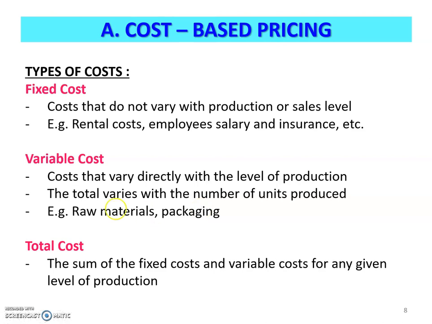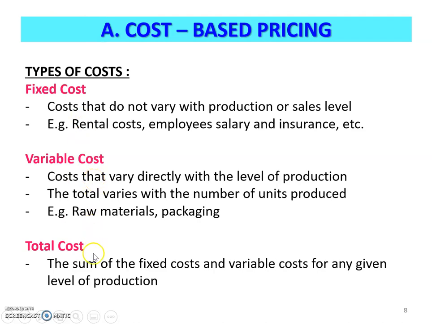And then fixed cost plus variable cost are total cost. Total cost is the sum of fixed cost and variable cost for any given level of production. Pada apa-apa tahap pengeluaran, total cost adalah jumlah kos tetap tambah kos berubah.